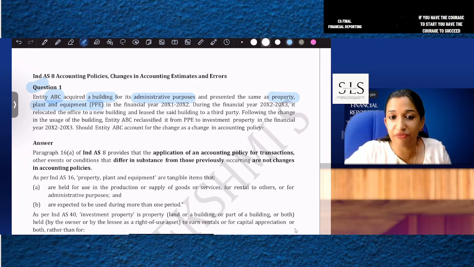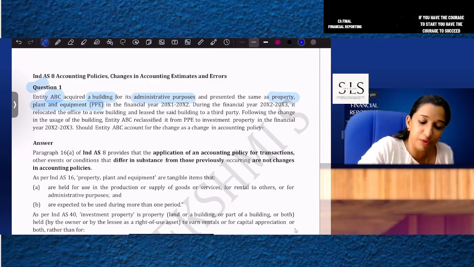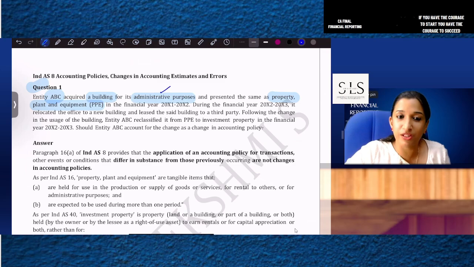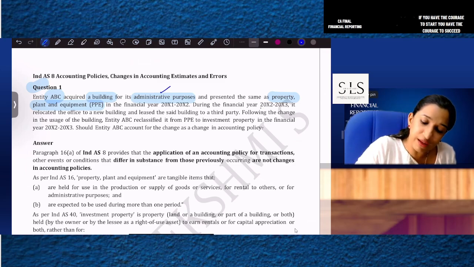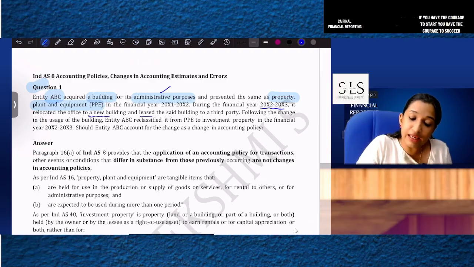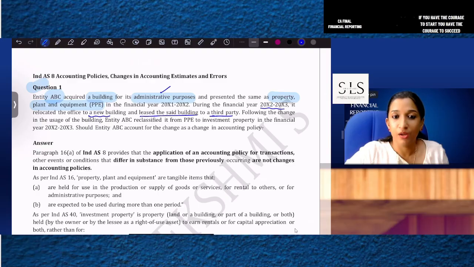We remember the definition of PPE: property, plant and equipment are tangible assets held for use in the ordinary course of business, for production of goods, rendering of services, rental to others, and administrative purpose. So you're using it for administrative purpose, so it's a PPE. During the financial year 12-13, it relocated the office to a new building and leased the said building to a third party.